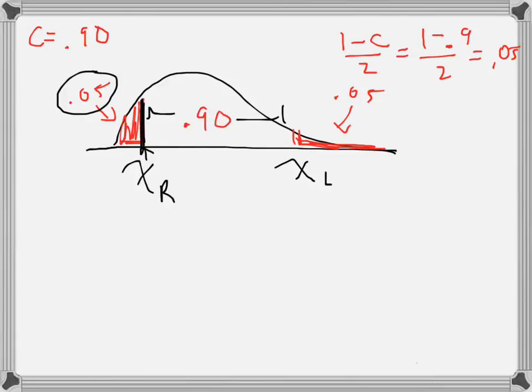That is, it's to the right of where the area on the left is 5%. And this one over here is going to be to the left of this 5% of area. And by symmetry, we can't just take this number and make it negative. We said all these numbers are positive. So unfortunately we have to find two different values.